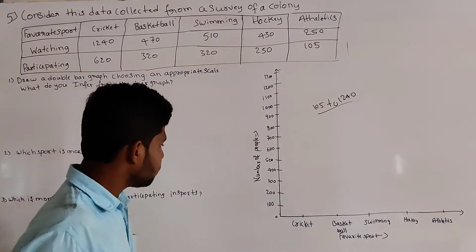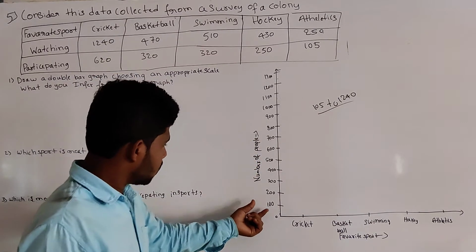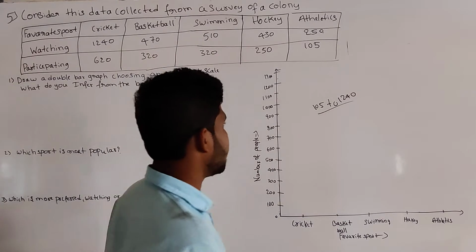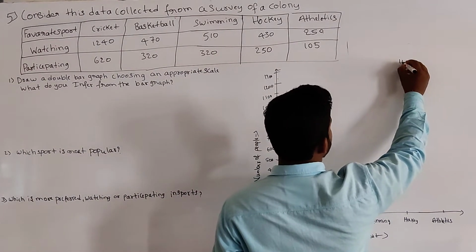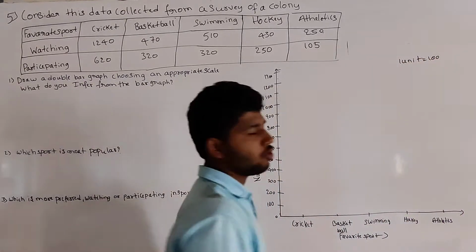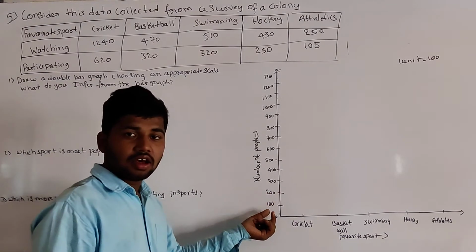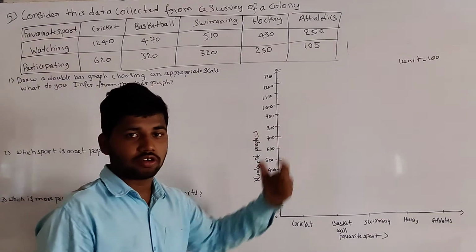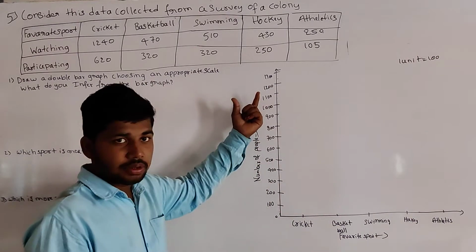That's why I took the graph from 100 to 1300, and the scale is 1 unit equal to 100.